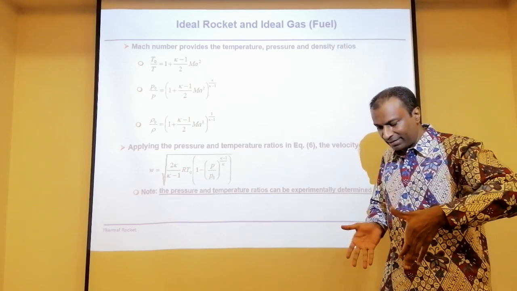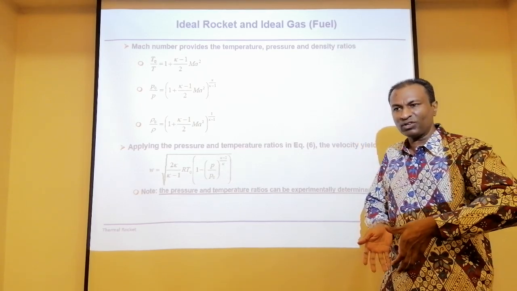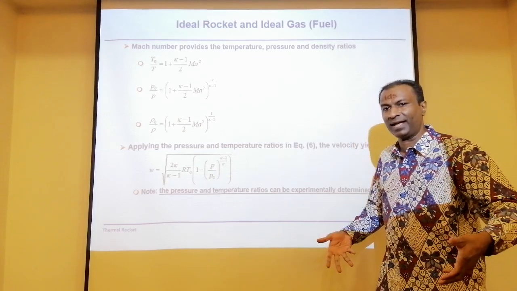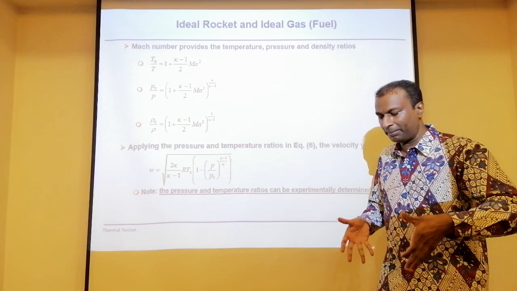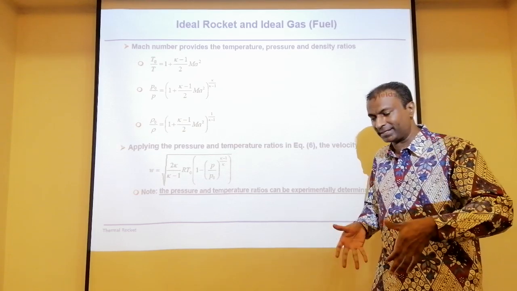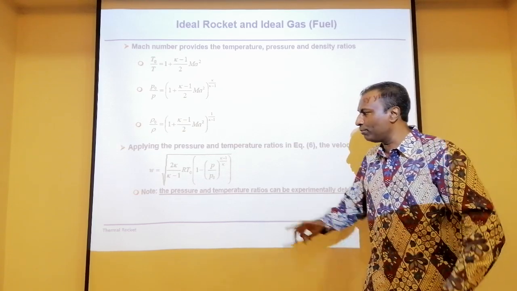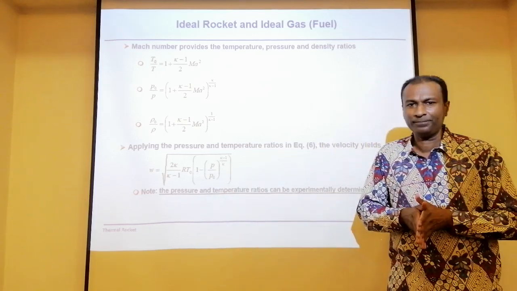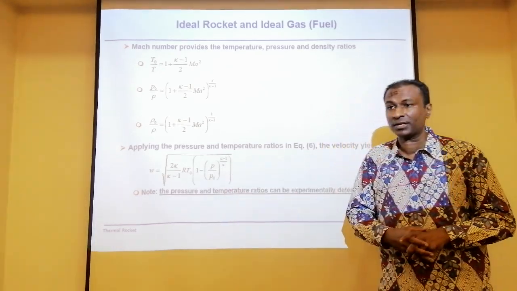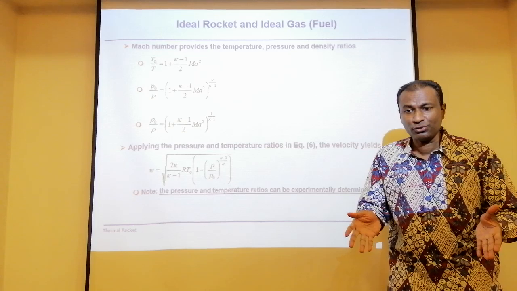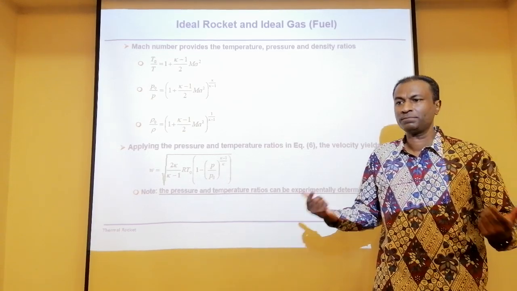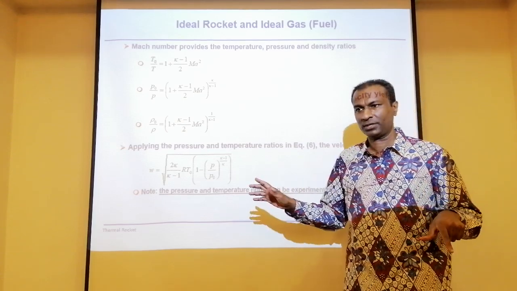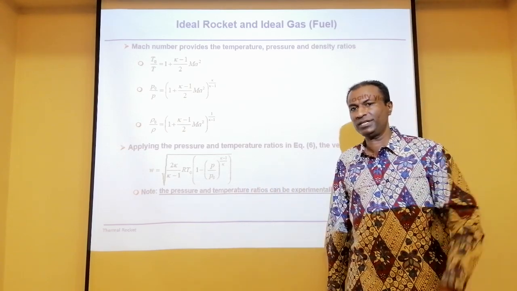Whether you want to take it very near the skin of the nozzle or the center of the nozzle, or average that, it is very difficult. So the best solution is to measure the actual pressure and the actual temperature, and since you know what fuel you are going to use, technically speaking, you are done. It's much easier to measure the temperature than the velocity itself.